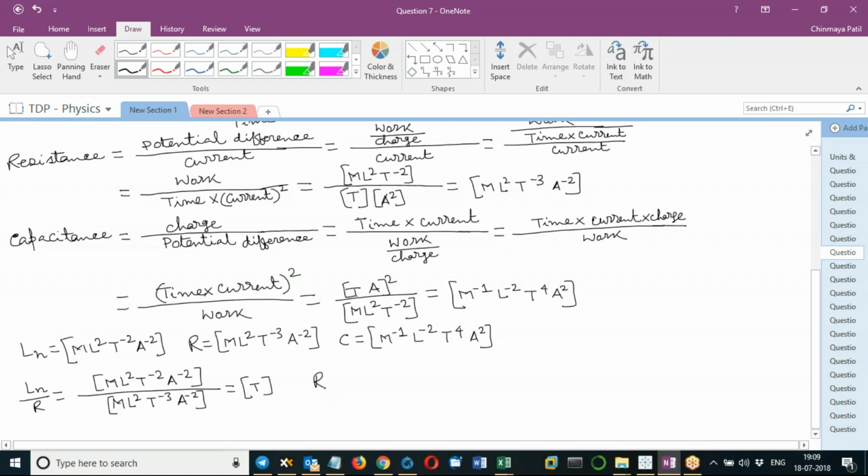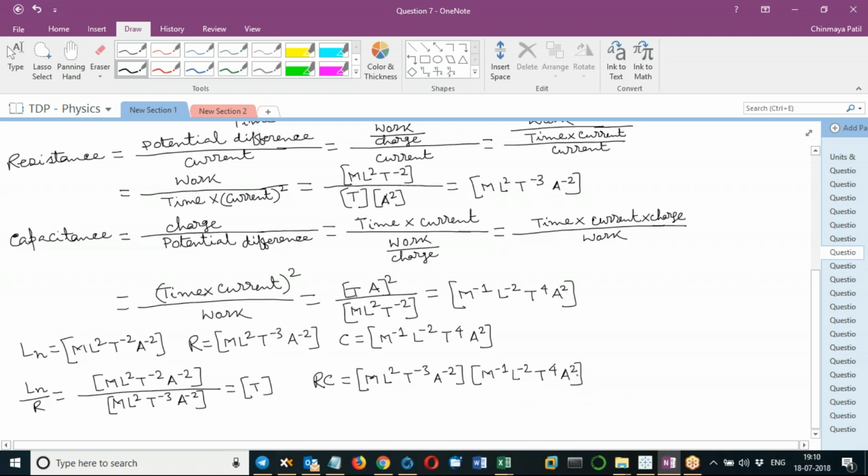Similarly, if we take R into C, what does it turn out to be? It is M L square t power minus 3 A power minus 2 into M power minus 1 L power minus 2 t power 4 and A square.